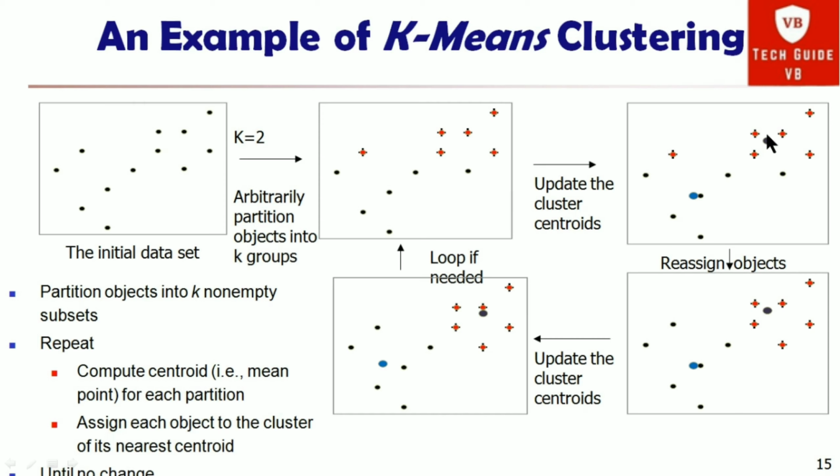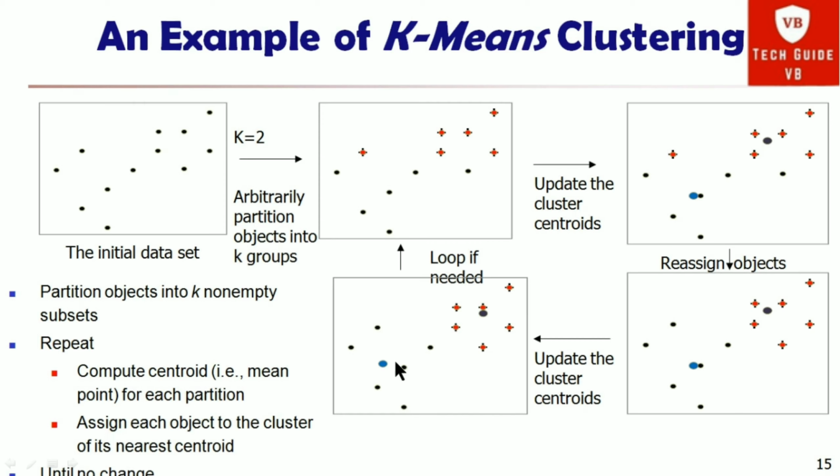The centroid for the red part is here, and the centroid for the black part is here in blue. Then we reassign the objects. This is the third step. These objects were reassigned according to the centroids, and then we update the cluster centroids according to the reassignment of the objects.